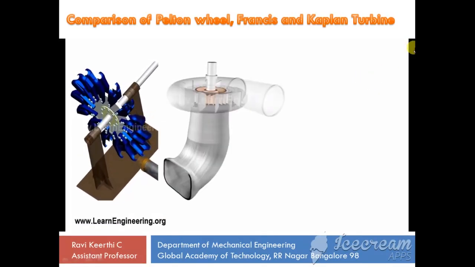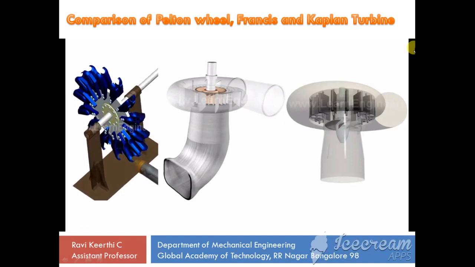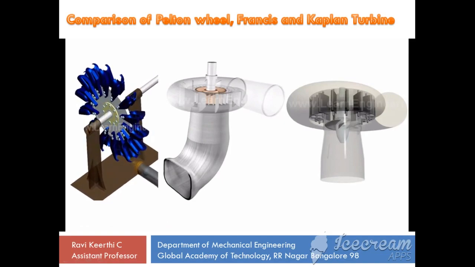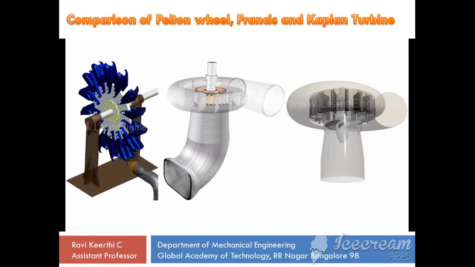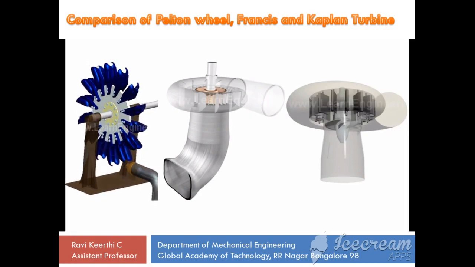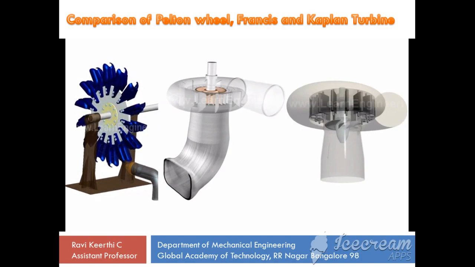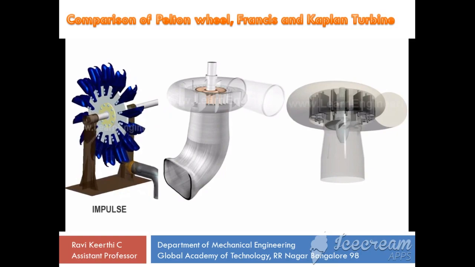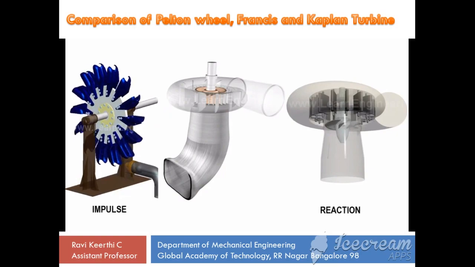Pelton, Francis, and Kaplan are the most commonly used hydraulic turbines. In this video, we will compare these three turbines and see when to use which turbine. When we move from Pelton to Kaplan, the force-producing mechanism changes from impulse to reaction.